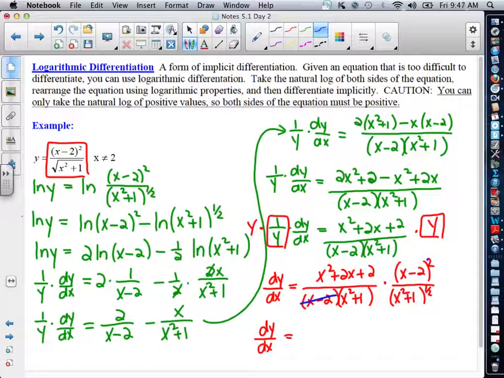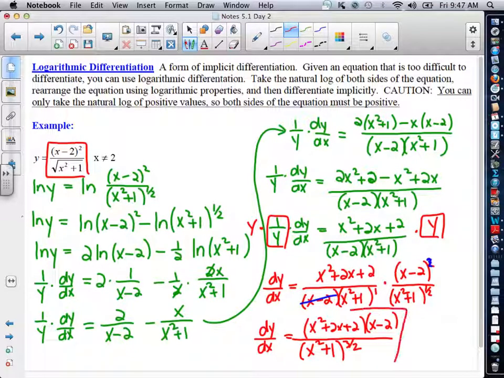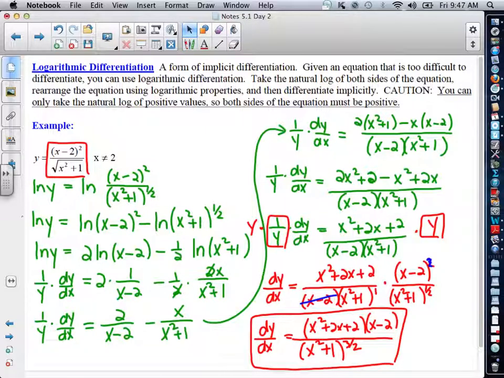One of these is going to cancel with one of those. And then in the denominator, I can combine the x squared plus 1 and the x squared plus 1 to the 1/2. And it looks like it's going to be complicated. You're just adding the exponents together. So a 1 plus a 1/2 will give me 3/2 for that one. And you're done. It's still better than doing that quotient rule and chain rule twice.